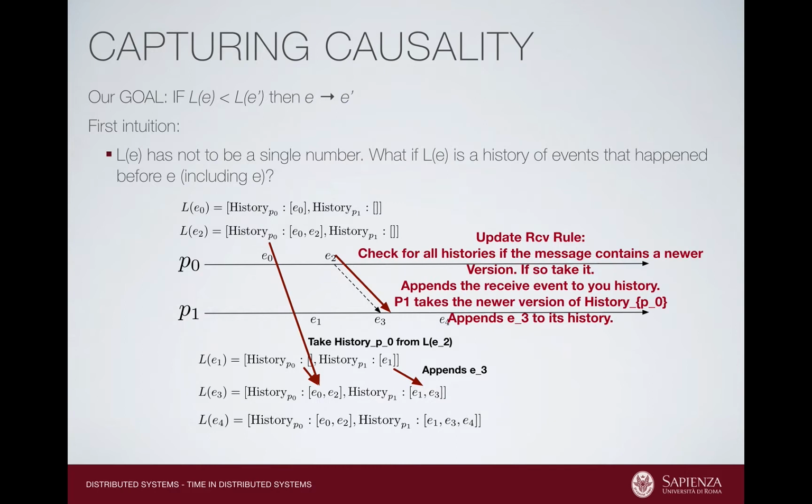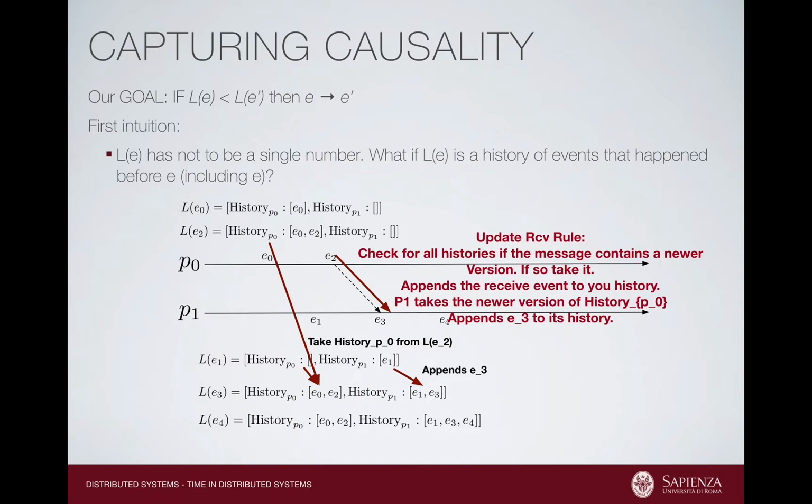What you do is that you look at the histories of all the other processes that are different from you, and you compare the history in the message that you receive with the history in your memory, in your timestamp, and you take the newer version. The newer history is the one that the message is carrying, the timestamp associated with the send event E2. This history for process P0 contains events E0 and E2.